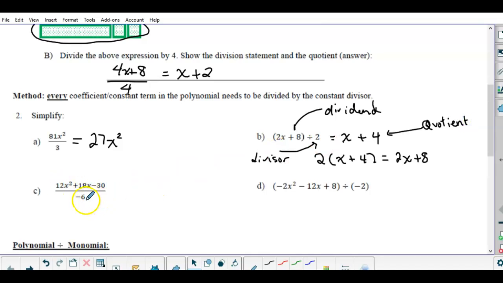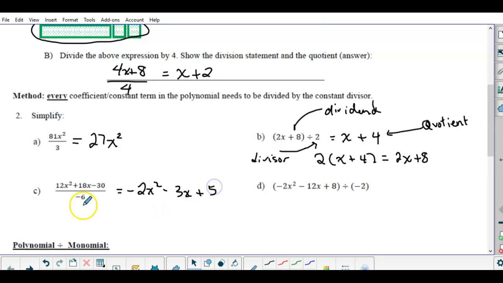Next one is a trinomial divided by -6. We don't like to leave a negative in the denominator, so no matter what, we want to divide by -1. But here, check, does 6 go into everything? And it does. So really we can divide every term by -6. So we get -2x squared minus 3x plus 5.